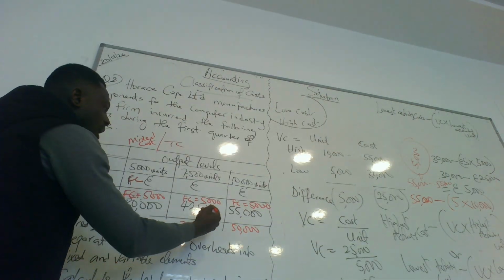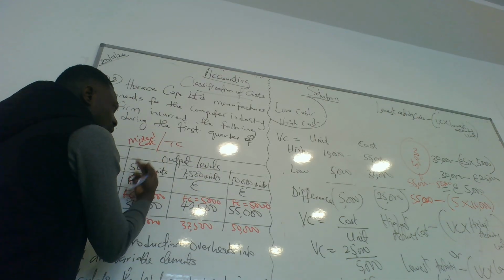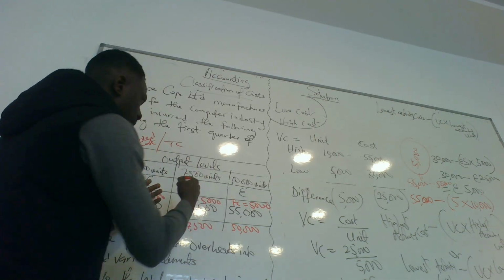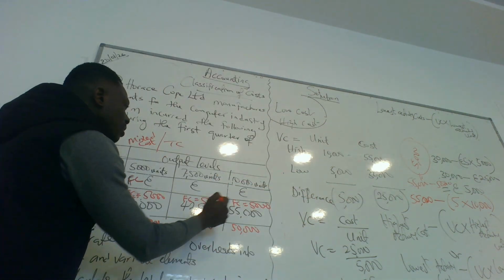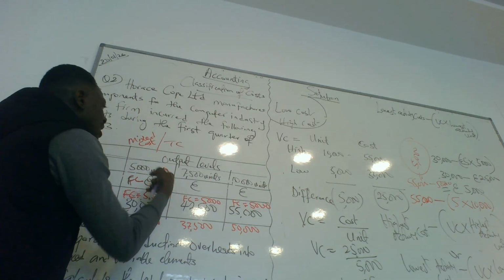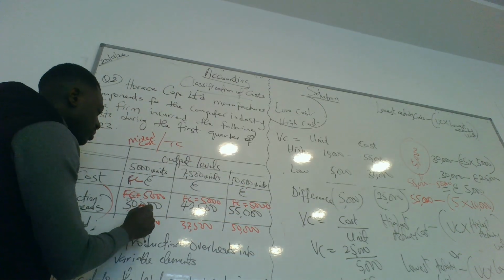Going back here, your question was, how do we get to know about this? Now that we only use the lowest and the highest, we have a fixed cost which is 5,000, irrespective of the output. So 30,000 minus 5,000 is 25,000.